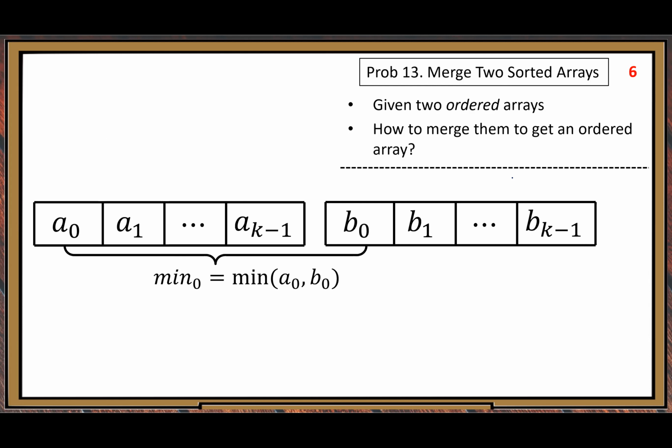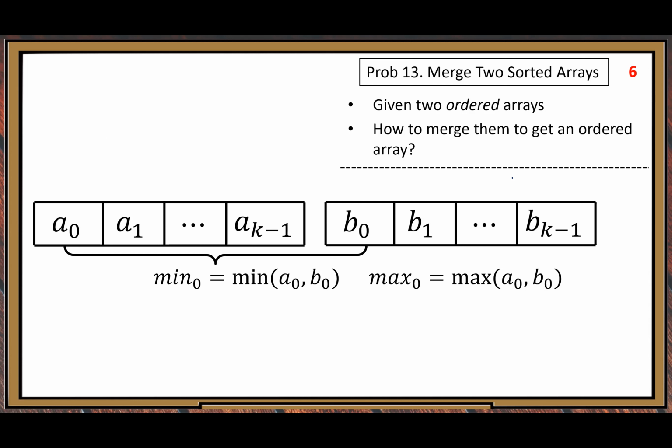The minimum of the two elements should be the minimum of all the elements in these two subarrays, right? That's the absolute minimum of all the elements we have here. So that element should be the first one in the final ordered array.